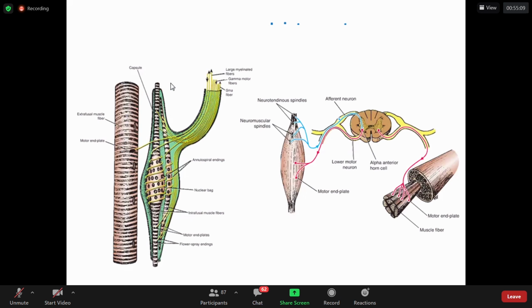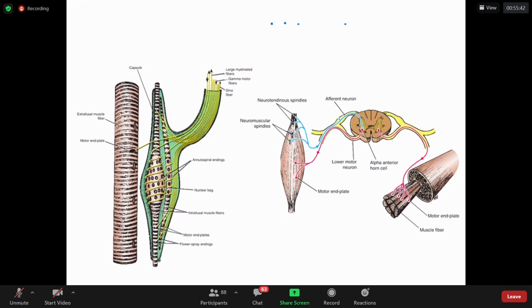And when all the surrounding extrafusal fibers contract, the intrafusal fibers will have no way other than to contract along with them, and there would be a change in the tension of these intrafusal fibers. Whether they are stimulated directly by the gamma motor neurons or indirectly through the alpha motor neurons, this change will be taken to the higher centers through the annulospiral and flower spray endings. Is it clear?